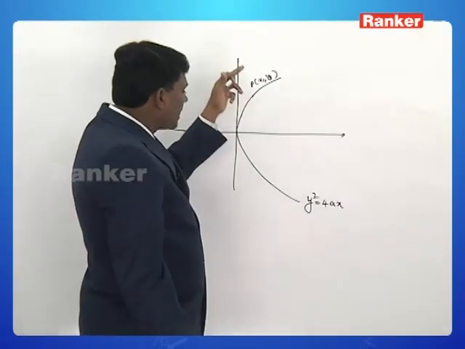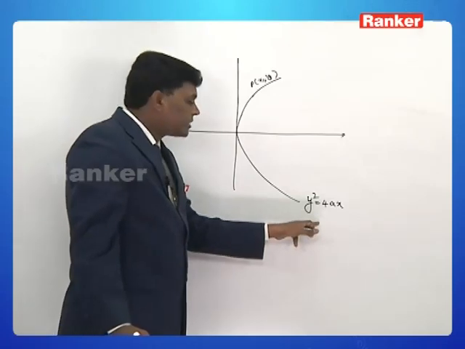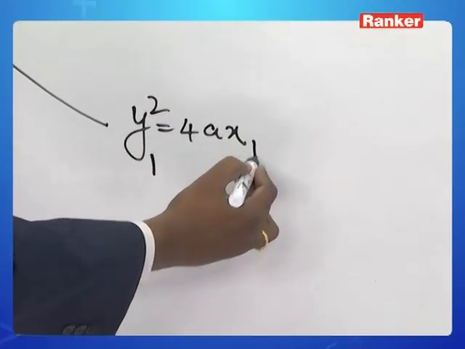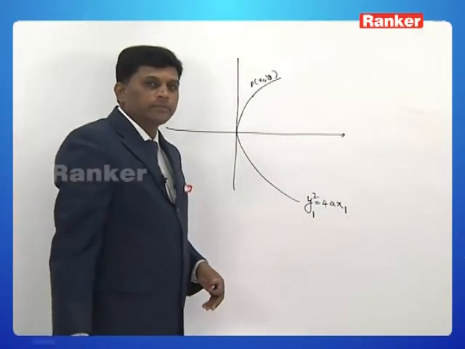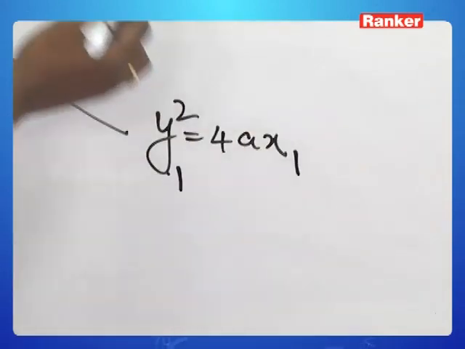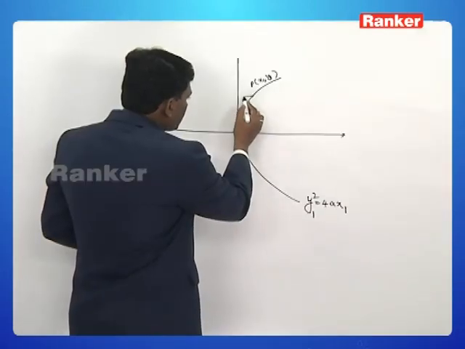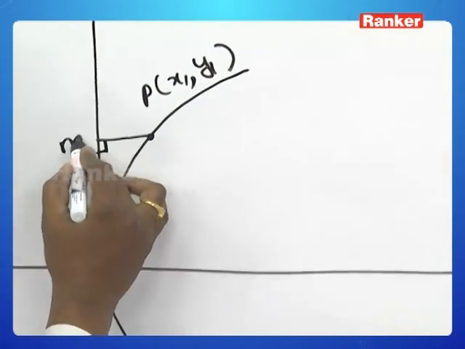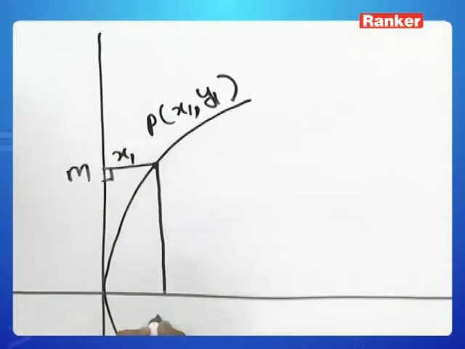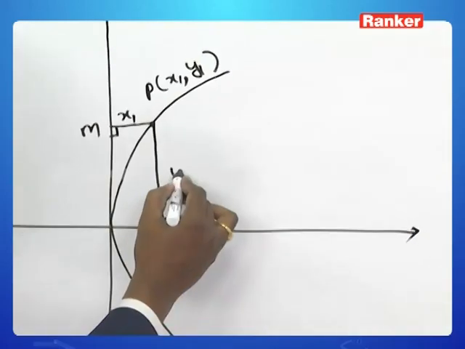Because it is a point lying on the curve, it will satisfy this equation. So you are getting y1 square equals 4a x1. But we know that y1 is the ordinate and x1 is the abscissa. This PM is taken as its abscissa. PN is taken as its ordinate.